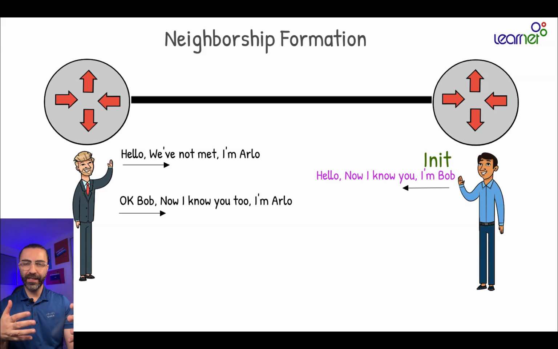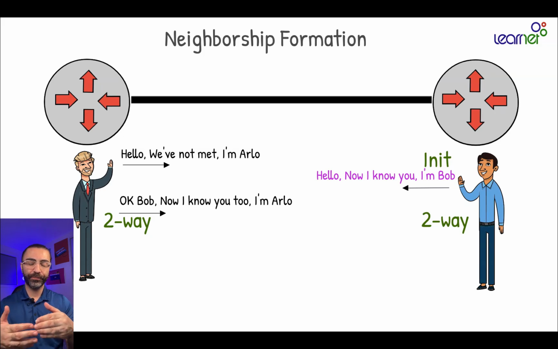Once they have started the conversation and agreed upon the parameters, the state goes to two-way. Two-way means that they agreed on the parameters and they are ready to exchange the information. So these are the first initial steps that are required. If they do not agree on the parameters, this neighborship won't form.